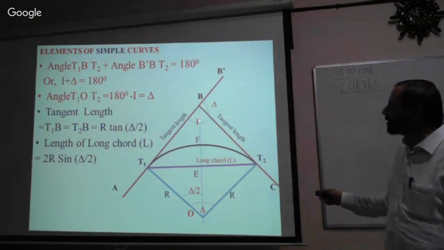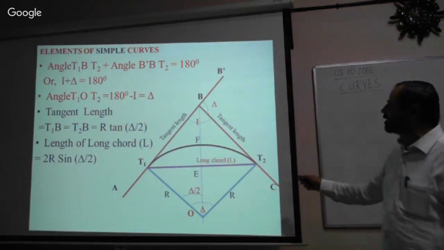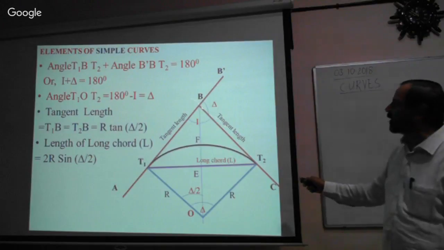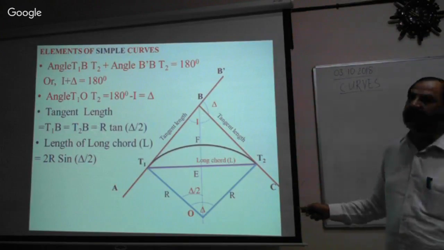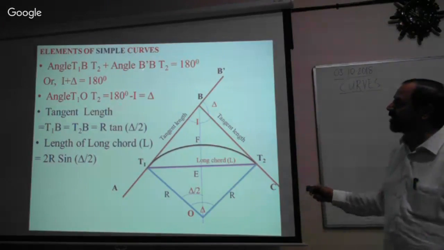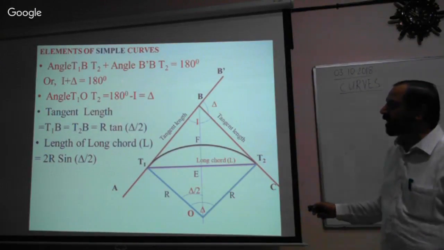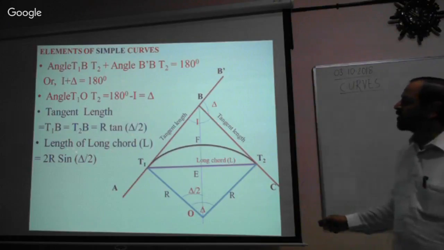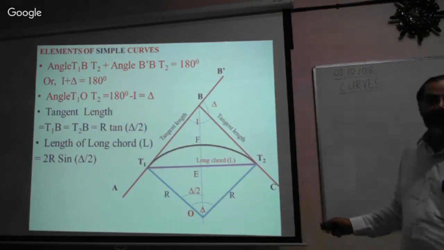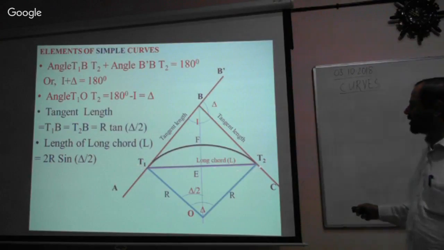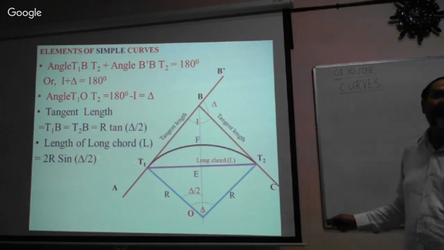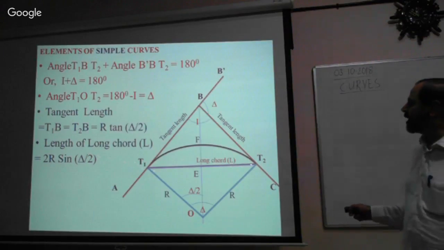Similarly, solve this triangle, and we will get the tangent length T2B, the same thing. Now we have two elements, and the next is the chord length. Here the chord length is L. It is also called the long chord.